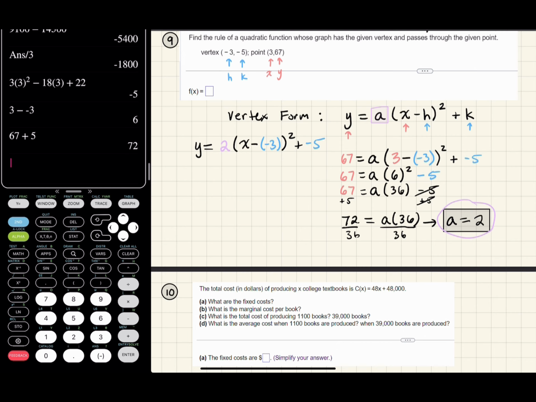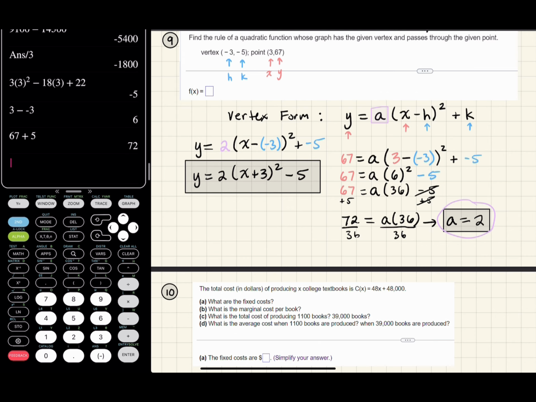That's our final answer, but we can simplify this a little bit. For instance, minus a negative, well, that's a positive. So that becomes x plus 3. And then plus a negative 5, that's just a minus 5. And this would be the equation of our parabola.